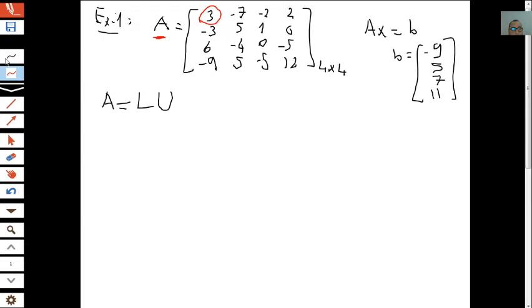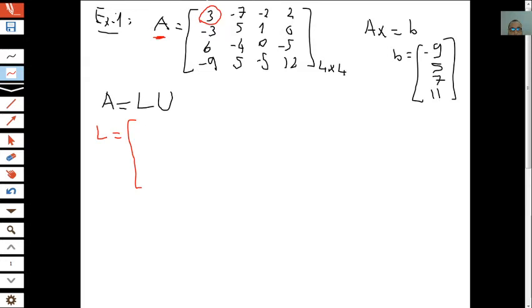And for the first column of the matrix L, which is a lower triangular matrix, after finding the first pivot position, we divide by a number to get 1, which will be 3, as we can see.